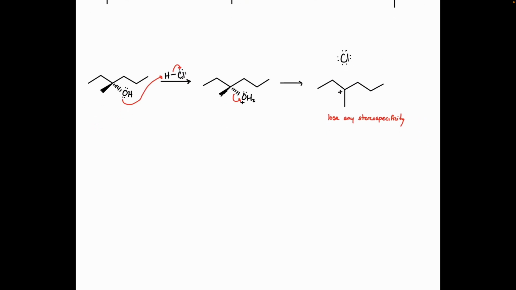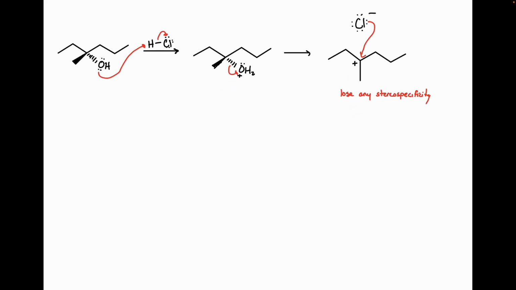Okay, so in our last step, when we have that chloride ion attacking and we draw our product, we shouldn't have any dashes or wedges, but just these straight lines.